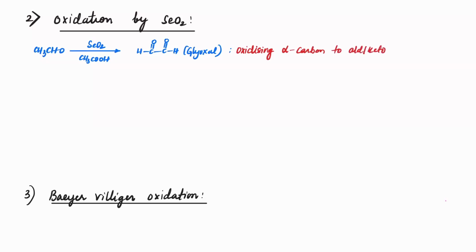Okay, how is this happening? Please check. If you notice the mechanism, SeO2, when you keep it in water, it will be selenous acid. That is Se double bond O, OH and OH. Just like sulfurous acid, this is called selenous acid.